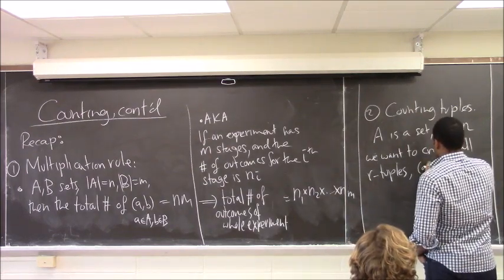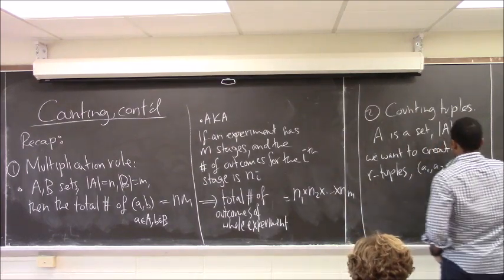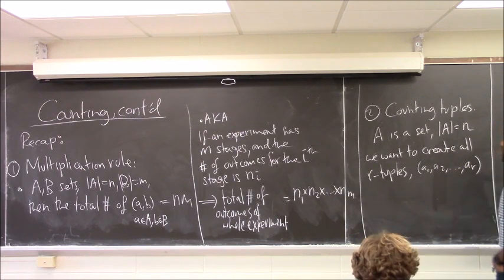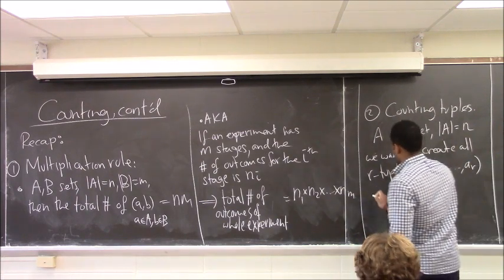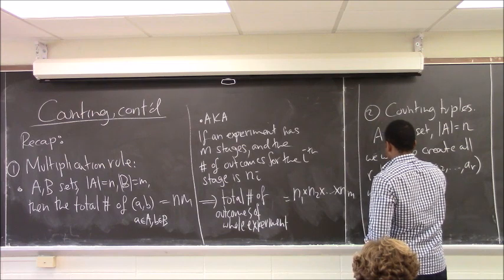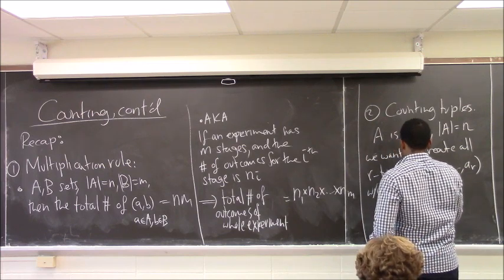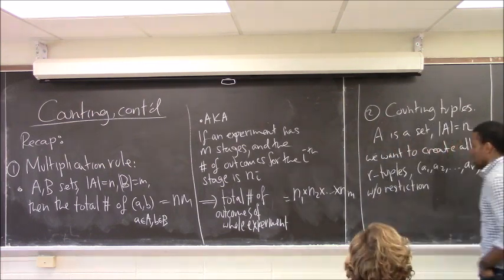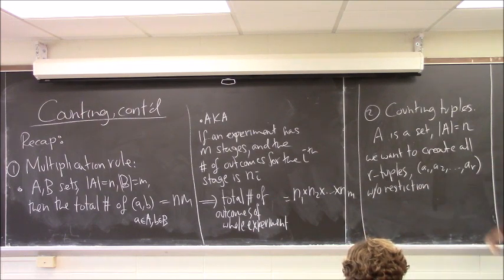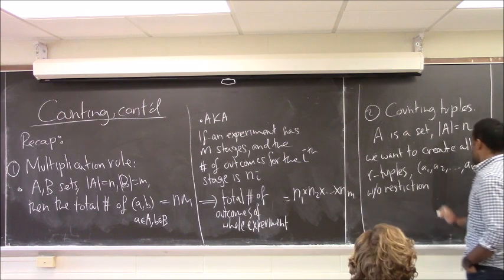That means it looks like coordinates, a1, a2, dot, dot, dot, all the way to r of them, without restriction. So there's no restriction on what you can throw into each coordinate. You can pick a guy, you can pick him again. You're allowed to repeat things, you're just doing it in a certain order.